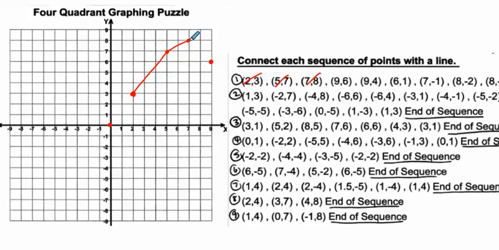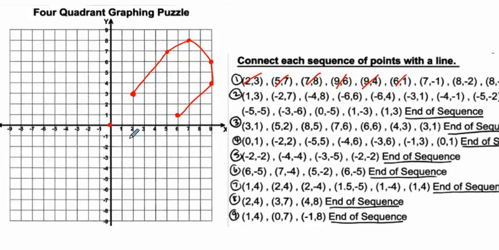All right, I'm going to connect them. Then I'm going to go to 9, 4, over to 9, up to 4, connect them. Next one, 6, 1, over to 6, up to 1, connect them, cross it off.